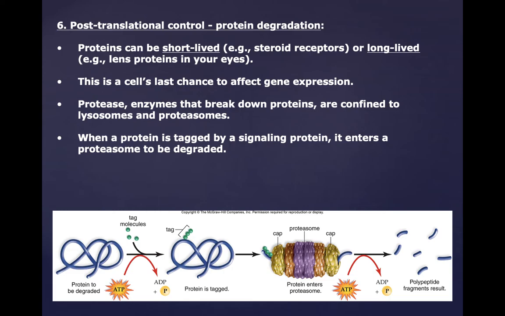Now, if a protein is tagged by a signal by ubiquitin, usually it will enter the proteasome so it can be degraded. You remember protein tagging, diba? It's an important concept when it comes to the quality control of proteins produced by the cell. But proteins that are not properly folded have to be degraded.